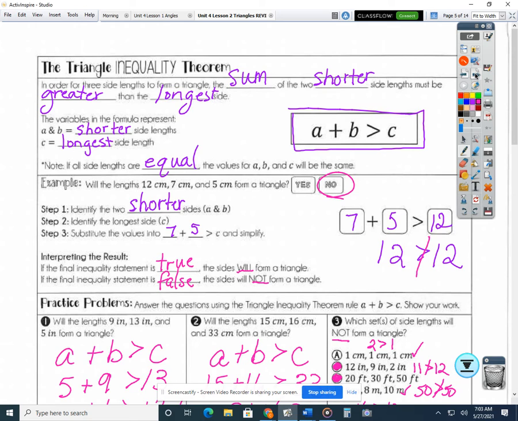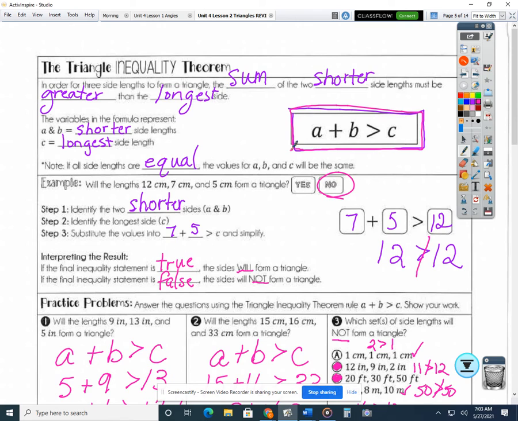This tells us also on page 89, the other side of that sheet, that in order for three side lengths to form a triangle, the sum of the two shorter side lengths must be greater than the length of the longest side. And we write that here as A plus B, our two short sides, must be greater than the length of side C.